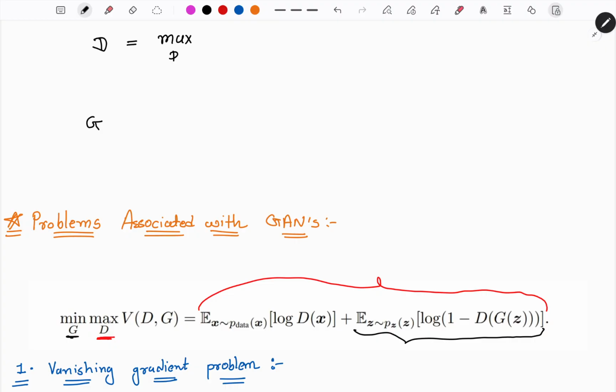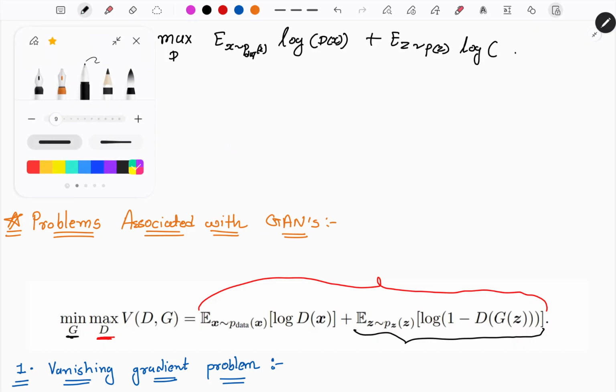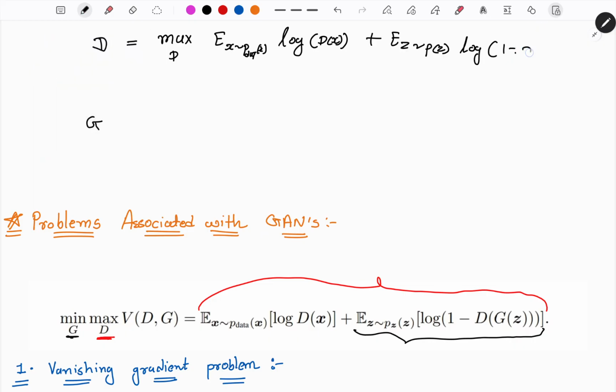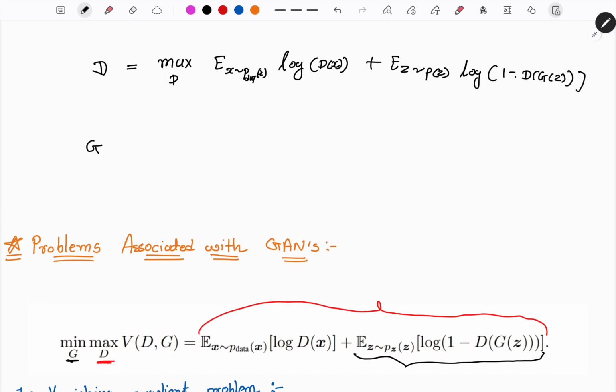The value of the loss function is the expectation of x drawn from p data of x, meaning the real data, log of D of x, plus the expectation of z drawn from p of z, meaning our estimated distribution, log of 1 minus D of G of z. This is the loss function corresponding to the discriminator.